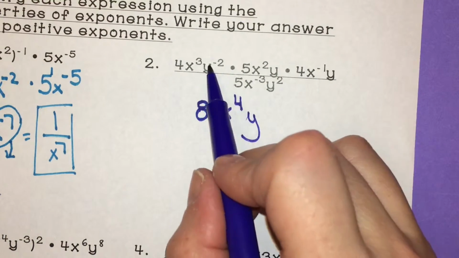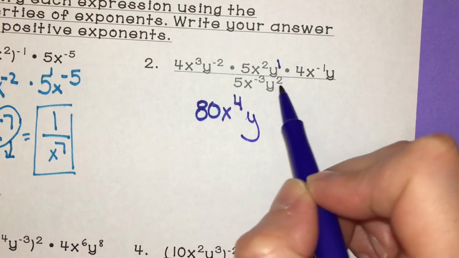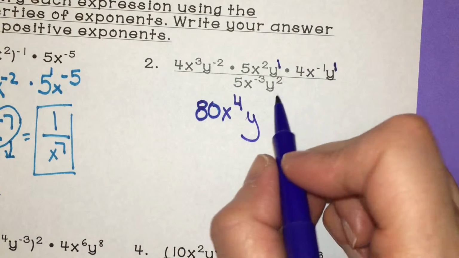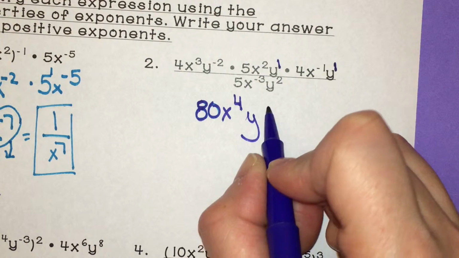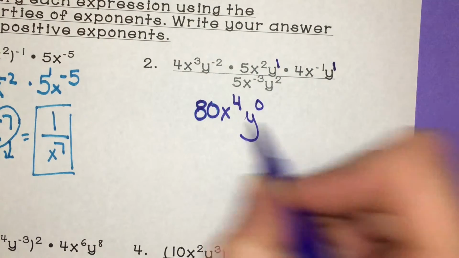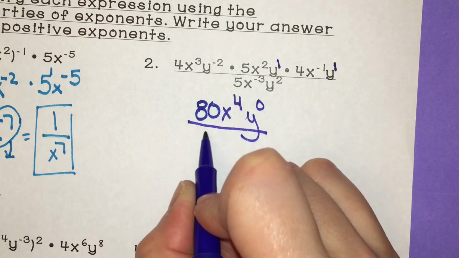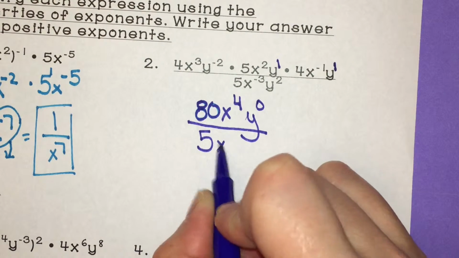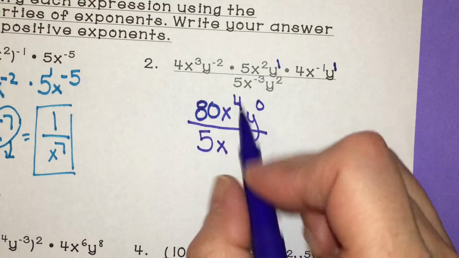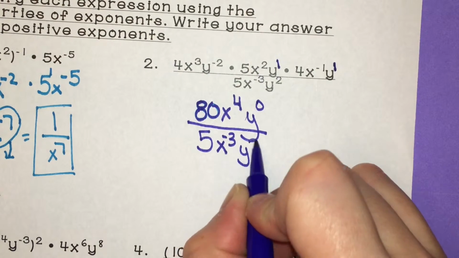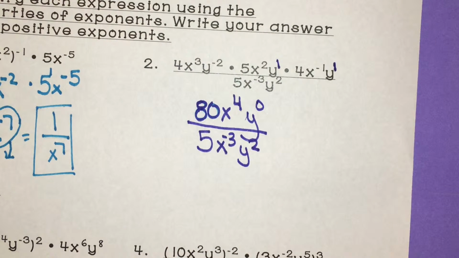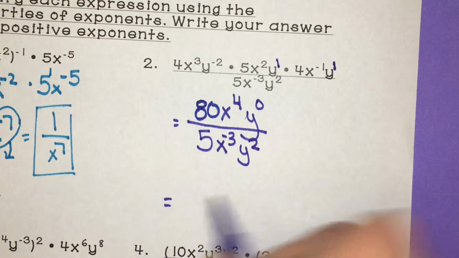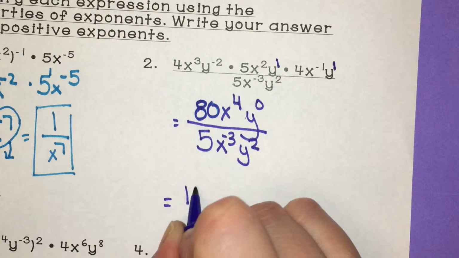Y to the power of negative 2 plus 1 is negative 1. Negative 1 plus 1 is 0. Over, we have 5x to the negative 3rd, y to the 2nd. All right, so we have to divide 80 divided by 5. Leaves me with 16.